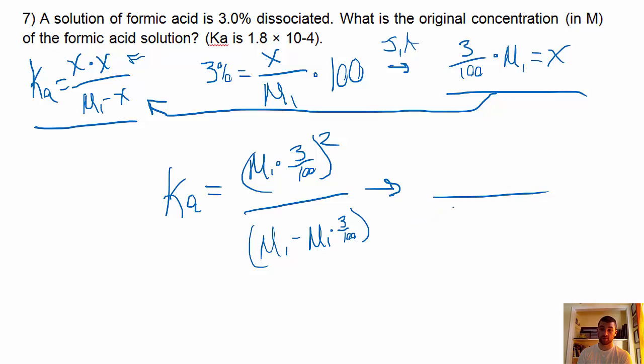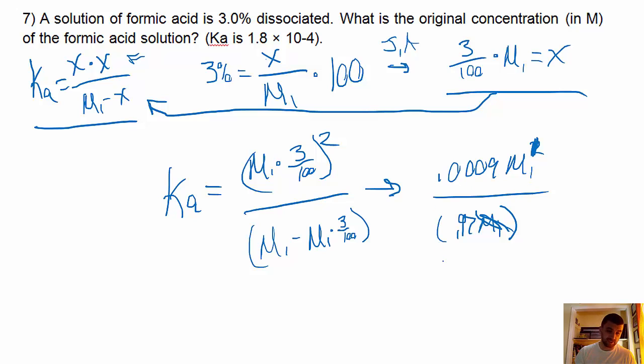All right, so this bottom one is just going to be 0.97 of my original concentration. And what's going to happen when I have M1 squared up top? I'm going to get 0.0009 M1 squared. Well, I got M1 squared divided by M1, so I'm going to get M1 to the first power up top. Now these are just numbers, right?